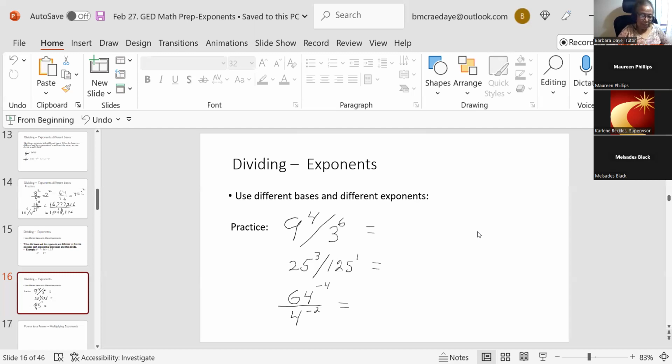Now notice these all have different bases and different exponents. So let me do the first one, and then I need you to do them too. See what answers you get.